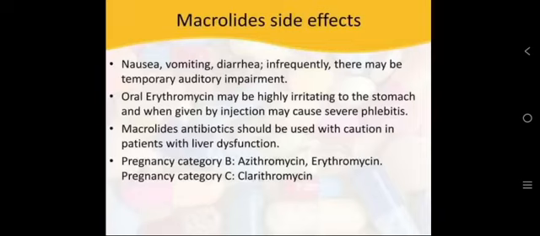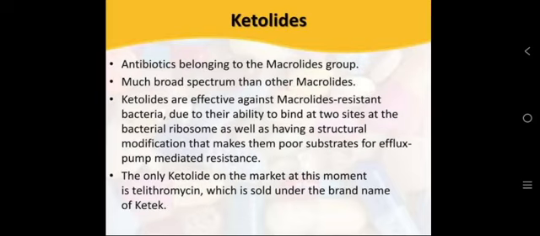Macrolide side effects are nausea, vomiting, diarrhea. These are the common side effects of macrolides. And macrolide antibiotics should be used with precaution in patients with liver dysfunction. Pregnancy category B drugs are azithromycin, erythromycin. Pregnancy category C drugs are clarithromycin.